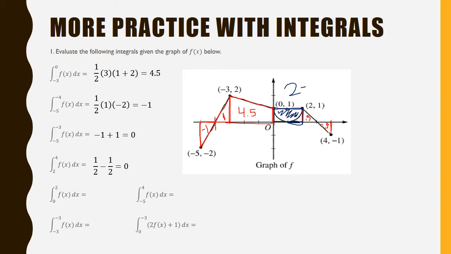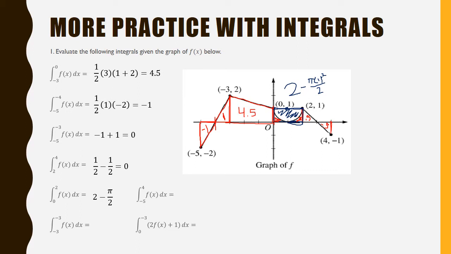And if you look at the semicircle, it has a radius of 1. And so the area of the circle would be pi times 1 squared. And because it's half of a circle, I would divide that by 2. So that's what's left: 2 minus the area of that semicircle gives us that area down here and the curvy part right there and right there. Okay, and leaving it as 2 minus pi over 2 is just fine.